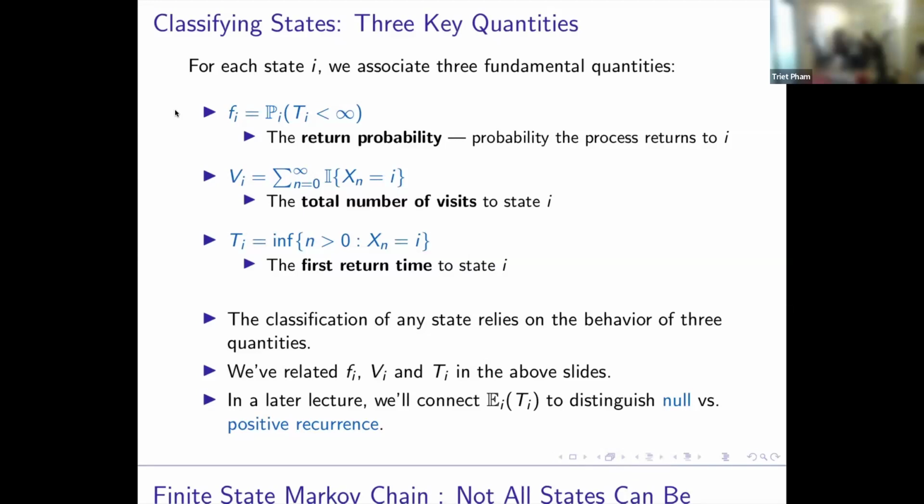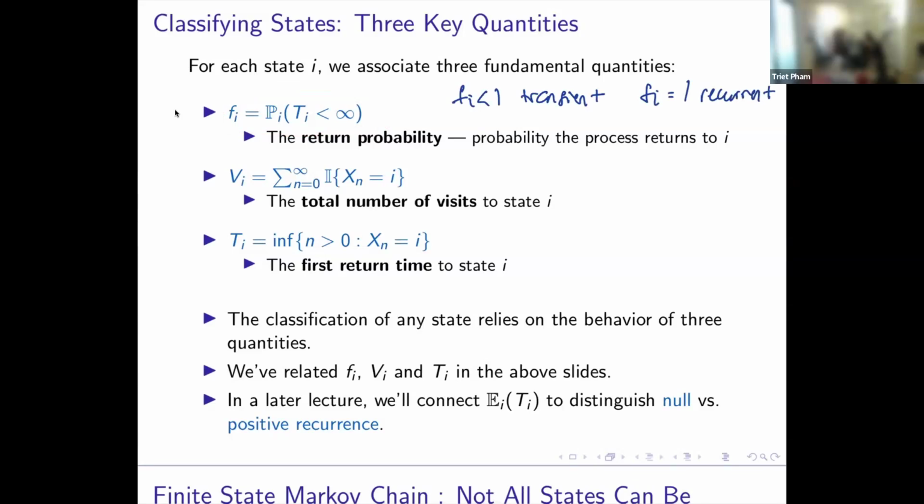So for example, this guy, Fi, for transient state, Fi is less than 1. And for recurrent, Fi is equal to 1.